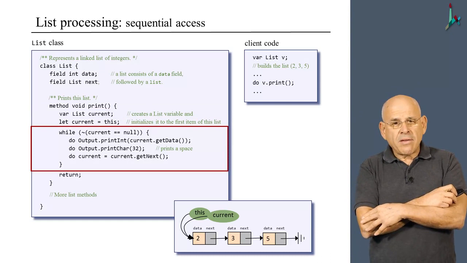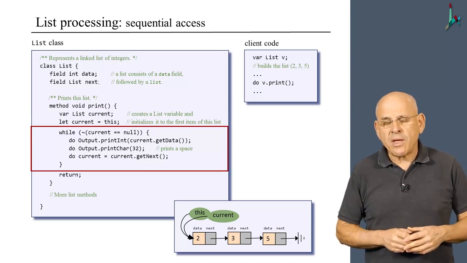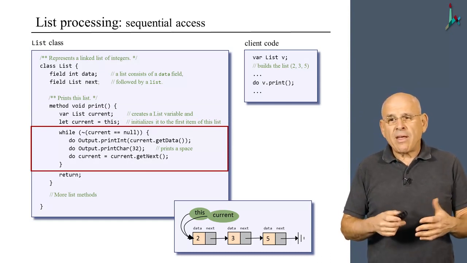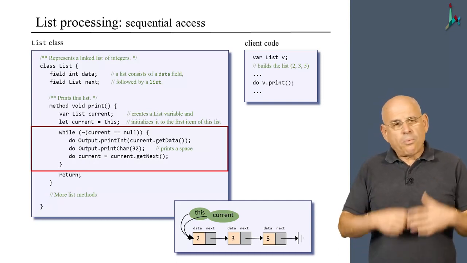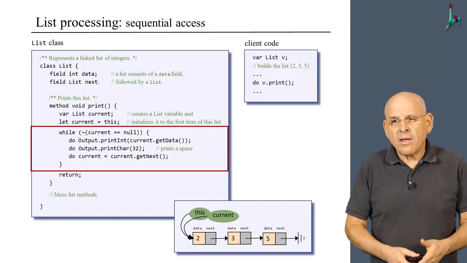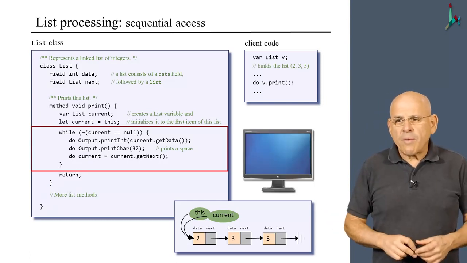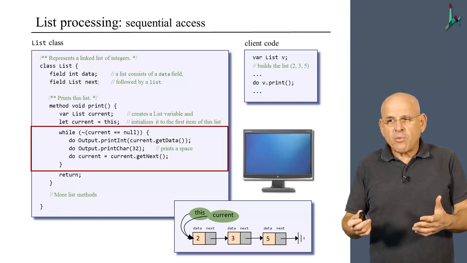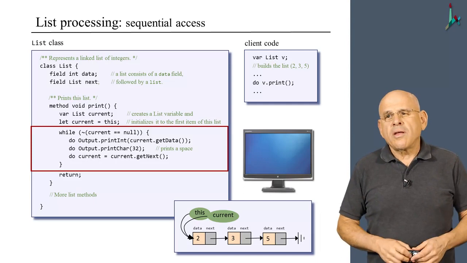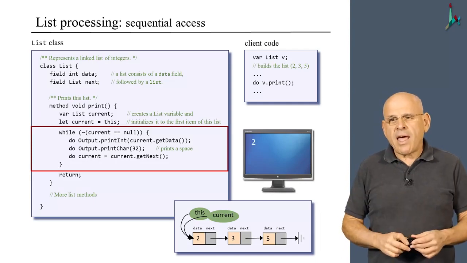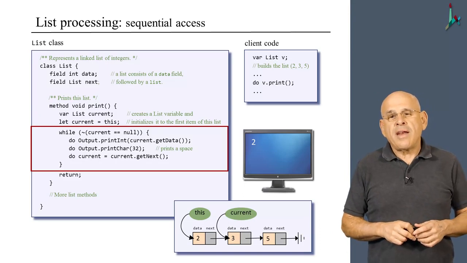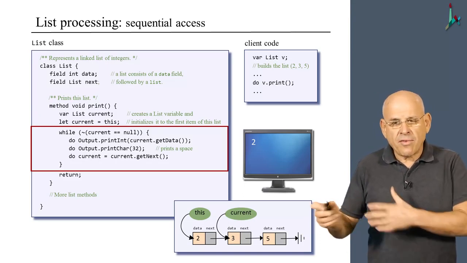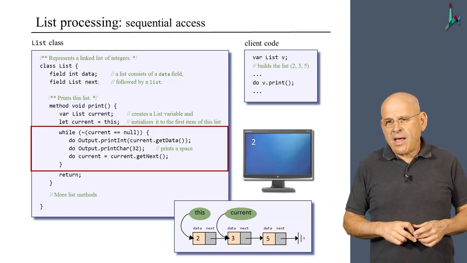And now we enter this loop in which, as long as current is not null, we want to print the current atom and move forward. So we print the value of this atom, which is 2. Then we print a space, and we move current to the next head of the tail of the list.